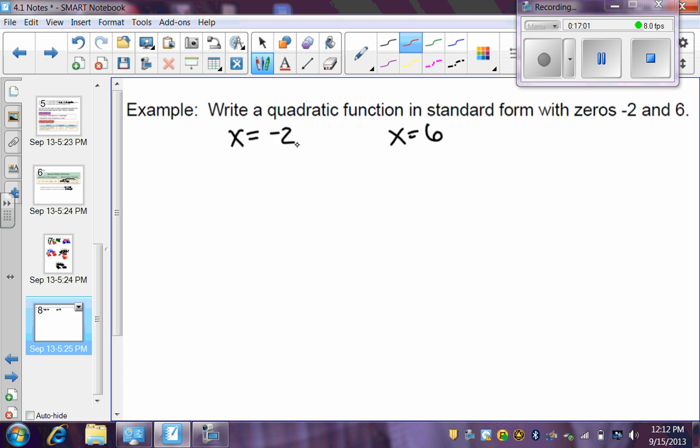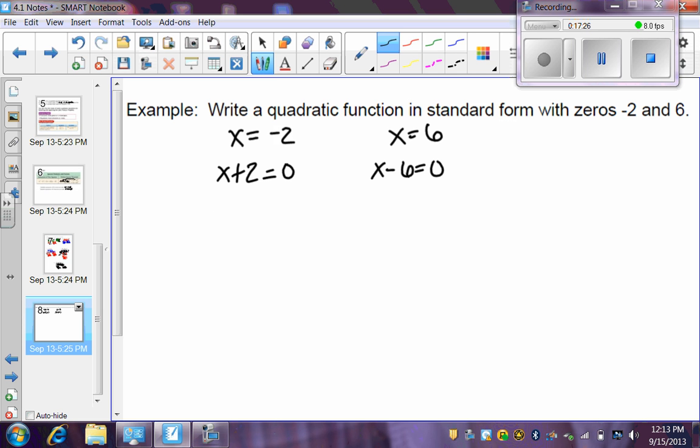So basically you want to move everything on the right side back over with the x so that this becomes 0. So the opposite of subtracting 2 would be to add 2. So really that tells us that x plus 2 equals 0. And with x equals 6, you want to move it to the other side. So that really tells me that we had x minus 6 equals 0.